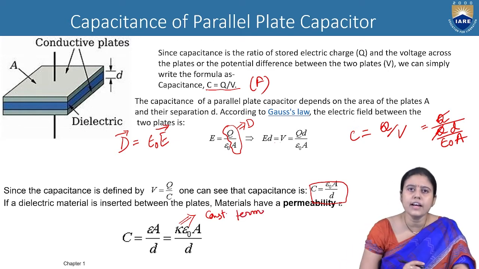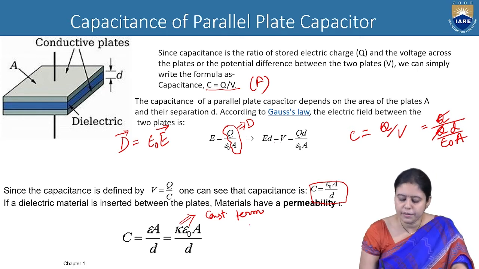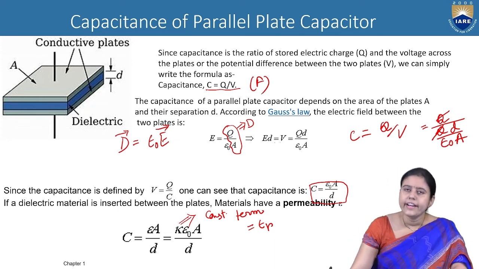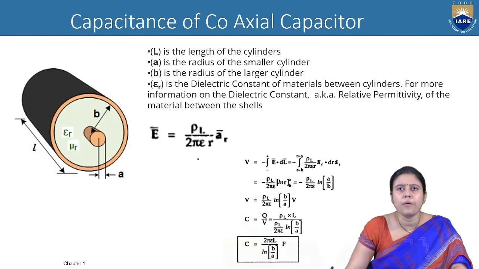This constant is known as the relative permittivity, which we can write as epsilon r. Now we will discuss a small problem from here.